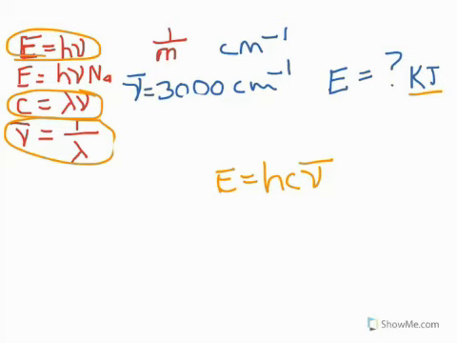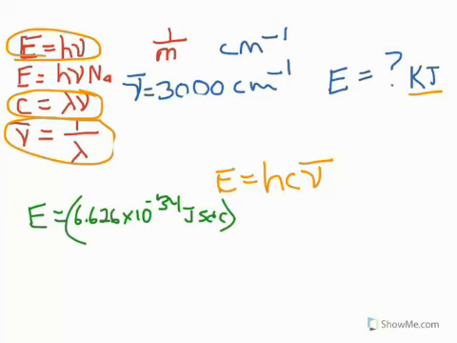I'm not going to have room for this, so I'm going to do some erasing. Now that I have my equation, the energy is equal to 6.626 times 10 to the minus 34 joule seconds.